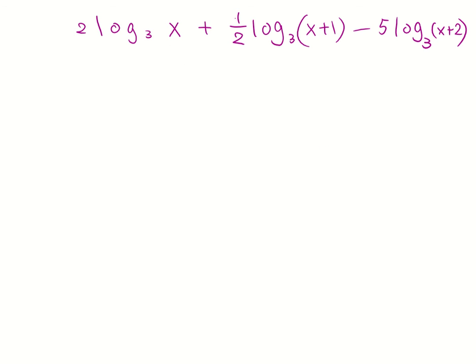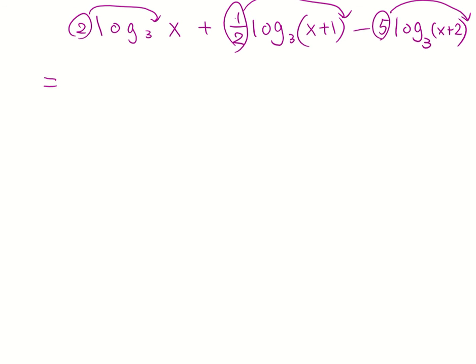Now let's look at this expression. If I ask you to write this expression as a single log, the first thing we can do is use the power rule to move all the coefficients of each log as the power of the argument.